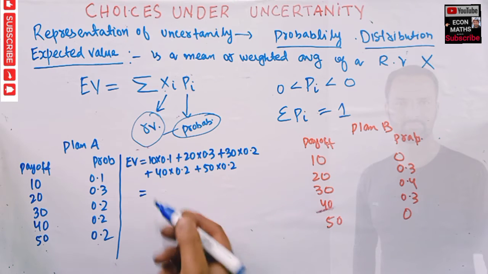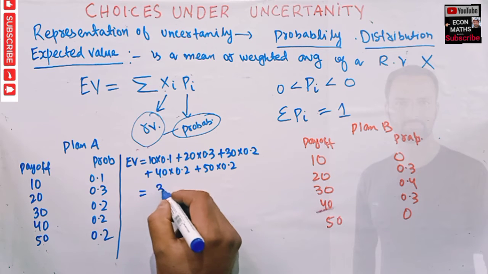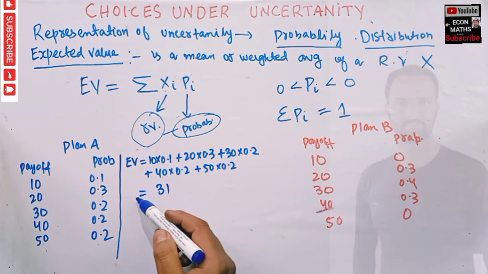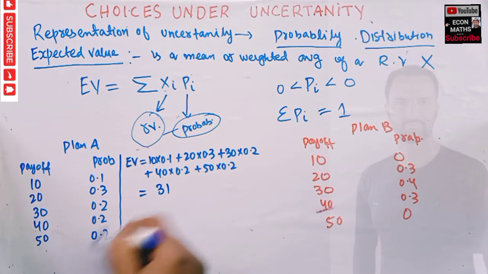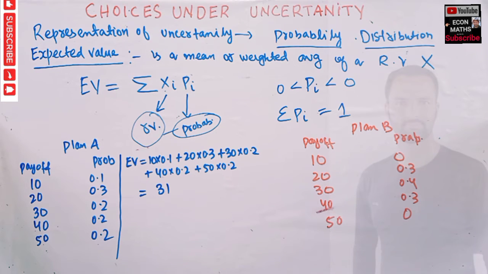When we solve this, it is very simple. You will get a number that is 31. Okay, so we can say expected monetary benefit from this situation is 31. Okay, now what is the expected value of this very function?